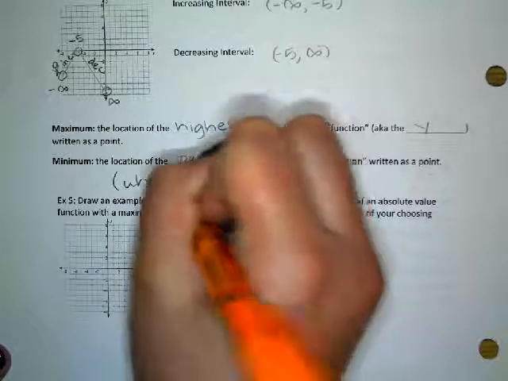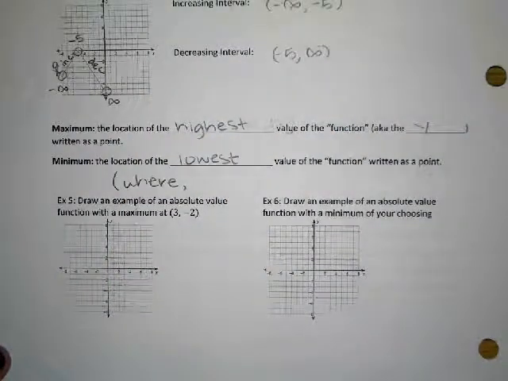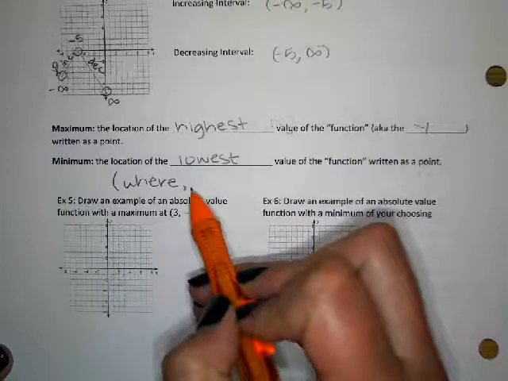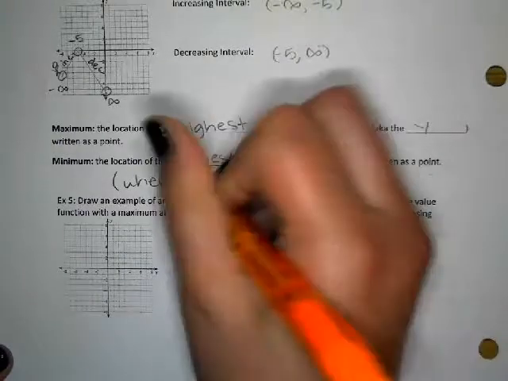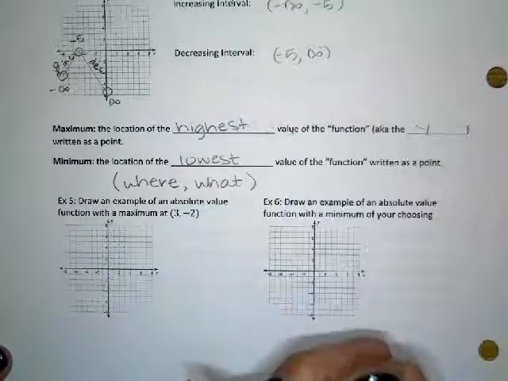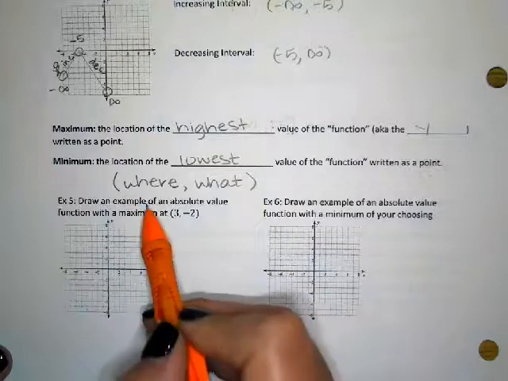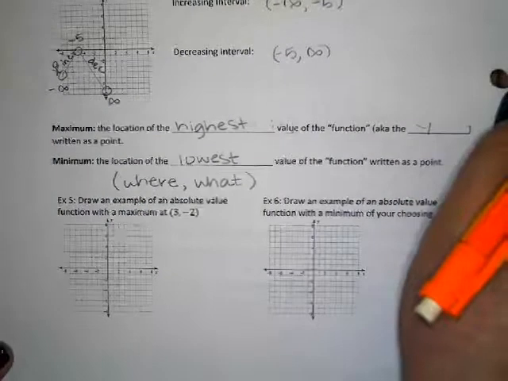I say where, comma, and then if you want to know what the maximum value is or what the minimum value is, that would be the y value. That would be like the actual output of the function. So where is an x coordinate, what is a y coordinate, and I'll remind you guys of that.